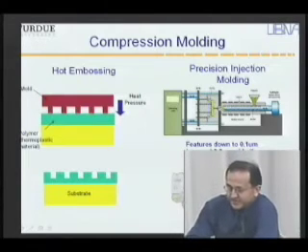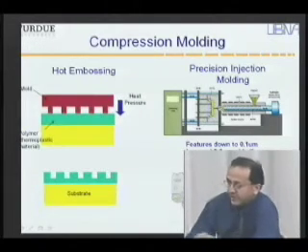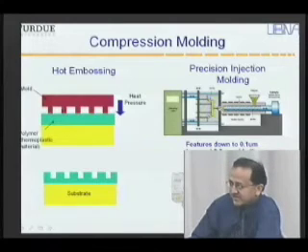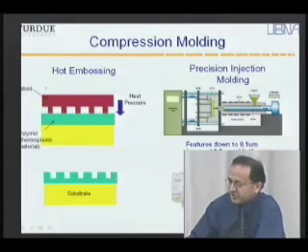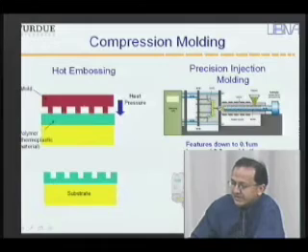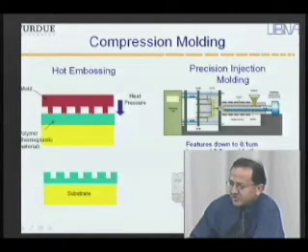You take a mold, and this could be made in silicon or metal or some sort of hard material that can withstand some temperature and pressure, and you take a thermoplastic material, some sort of polymer that you spin on or deposit on a substrate, and then you take this mold and press it against this thermoplastic material at specific temperatures and pressure, and you can transfer that pattern of the mold into the material and then pull the mold out.